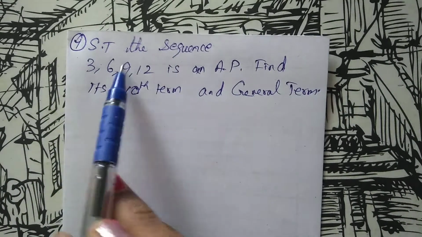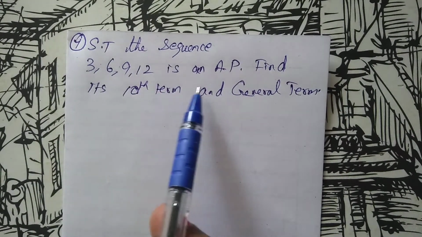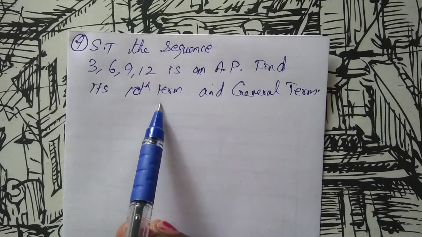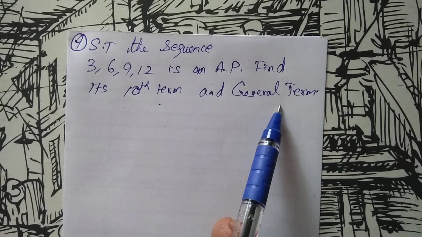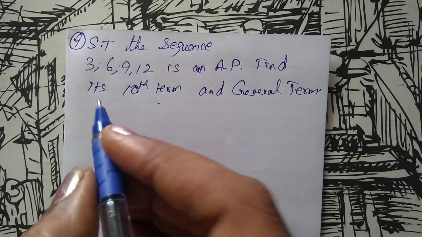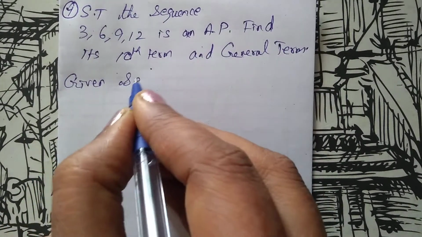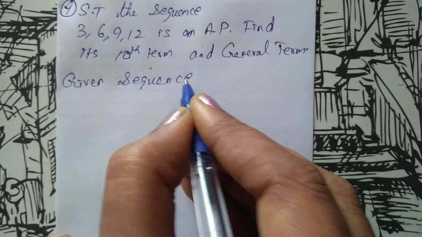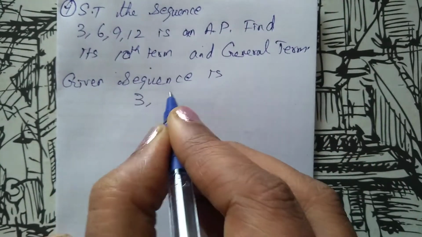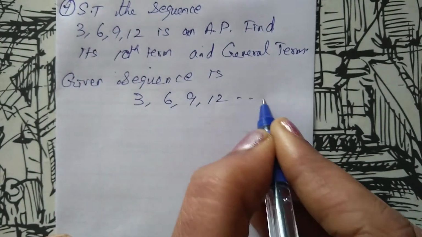Okay. Show that the sequence 3, 6, 9, 12 is an AP. Find its 10th term and general term. So first let us show the given sequence is AP. So we write given sequence is 3, 6, 9, 12, etc.